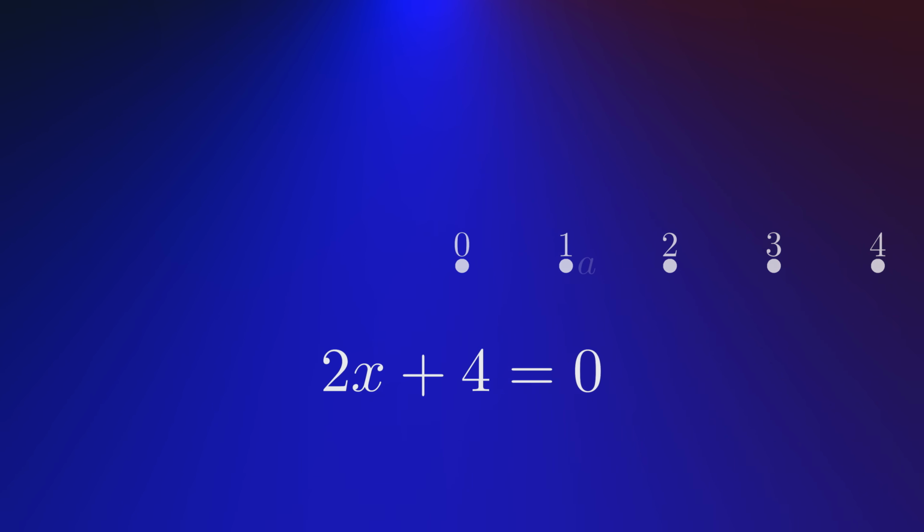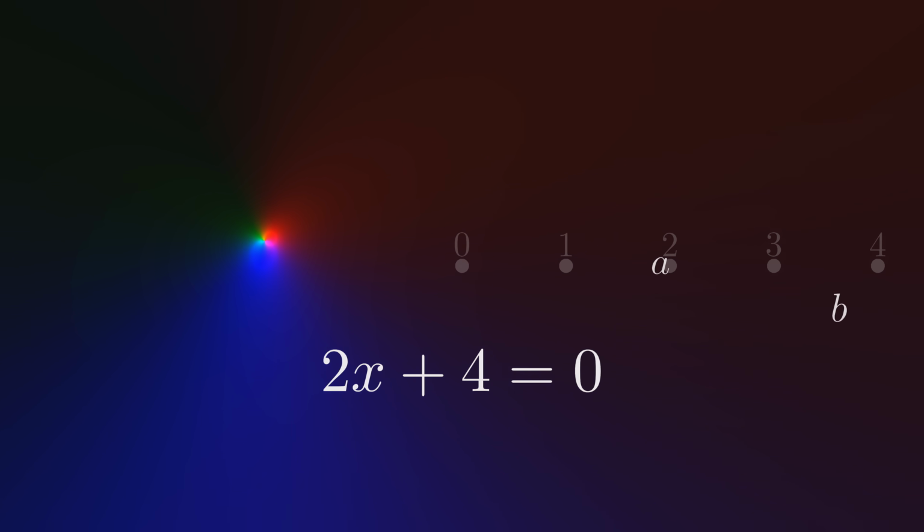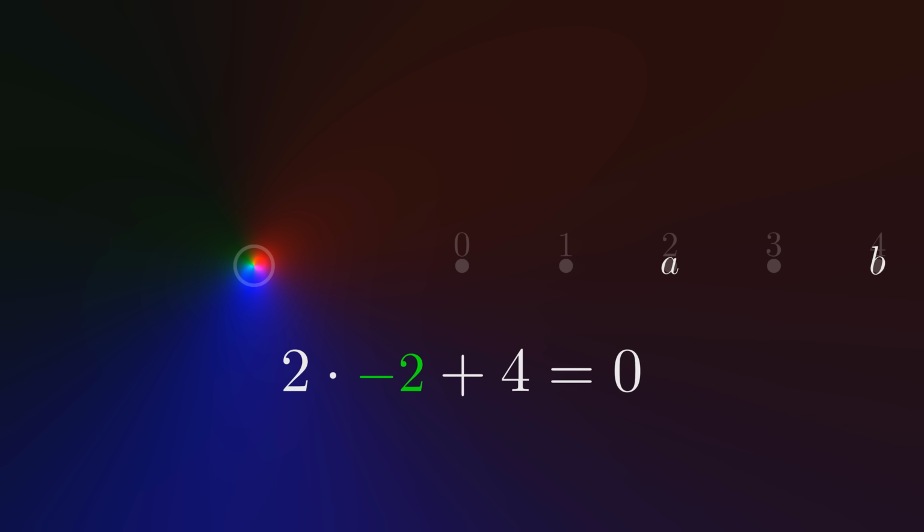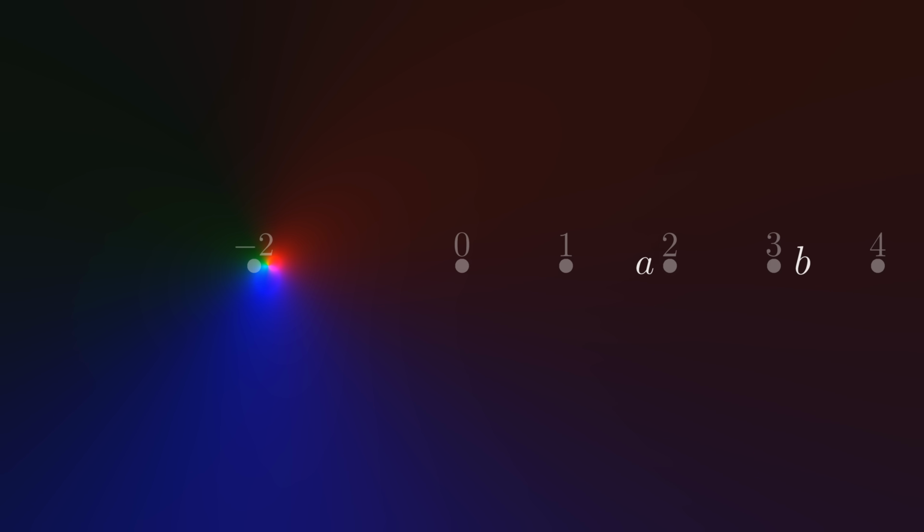Let's plot this polynomial. The coefficients land on numbers in our number system, but the solution to the equation is -2, which isn't one of them. To solve this, we need to invent -2. And furthermore, I can place the coefficients on other values, which force us to invent all the other negatives.